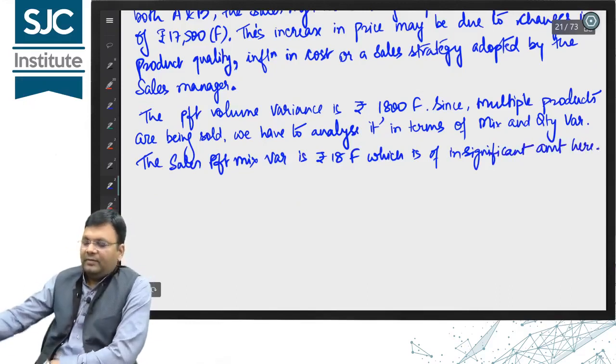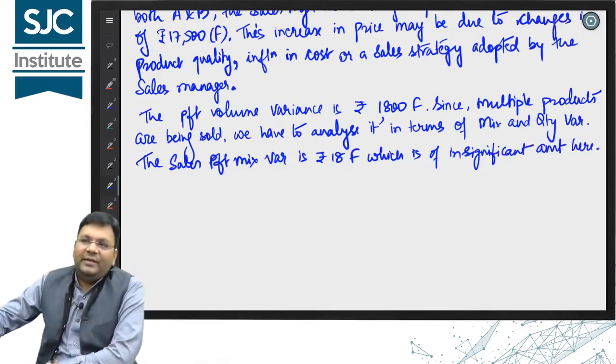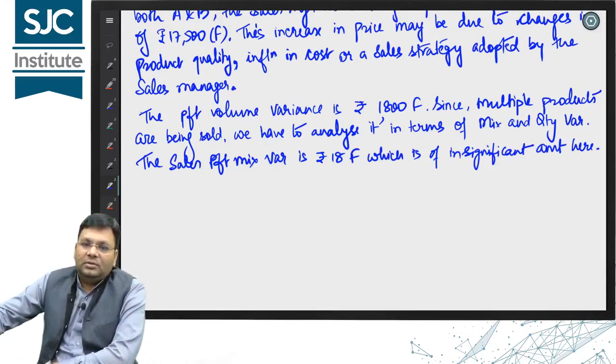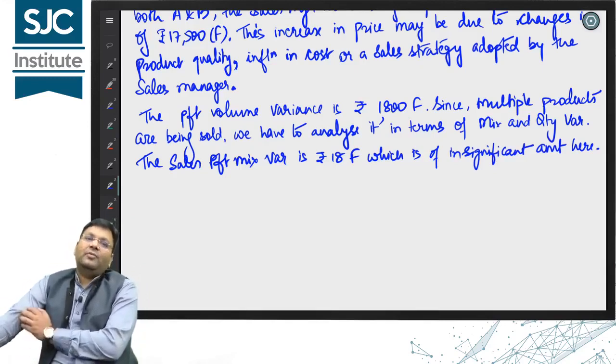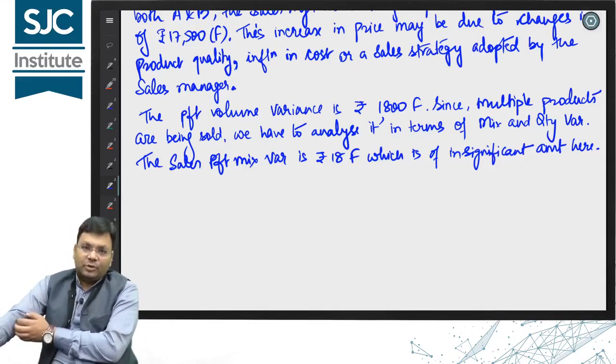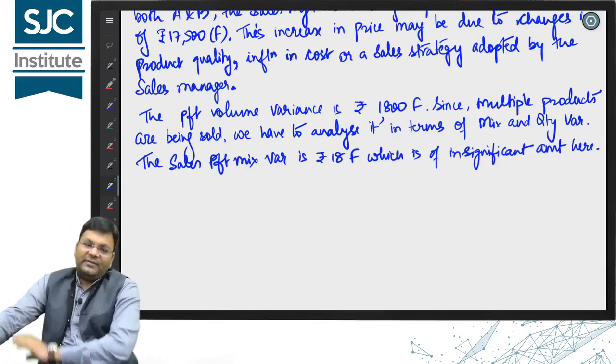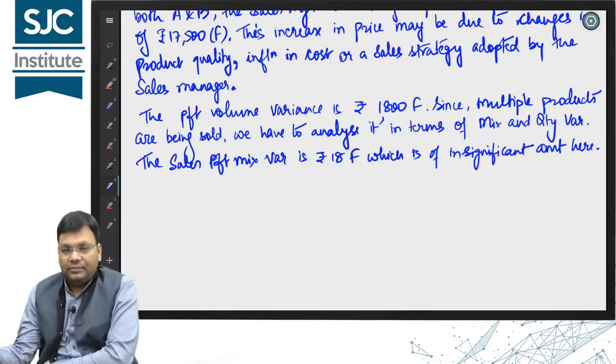Now, if you remember, in material mix, we used to say that when you are altering the mix, you are somehow compromising the quality. Mix always compromise quality in case of input. But in case of sales, mix will indicate what?